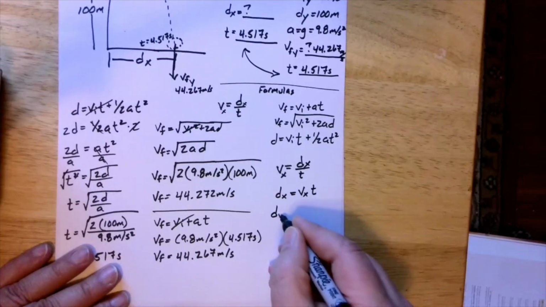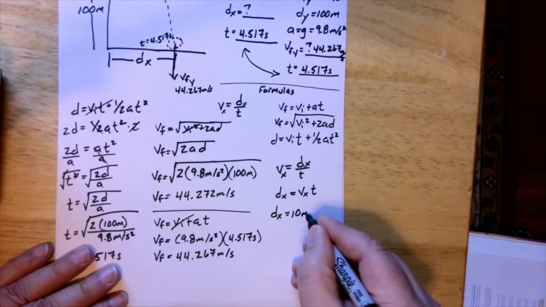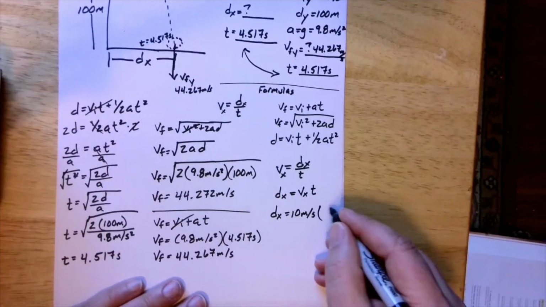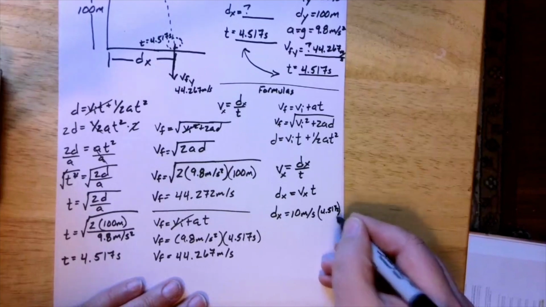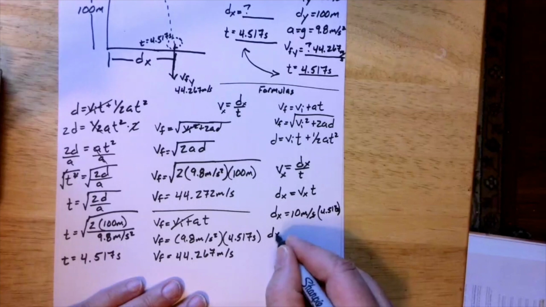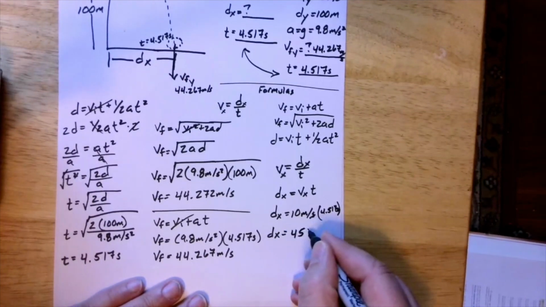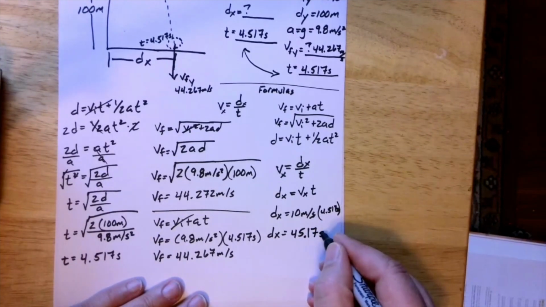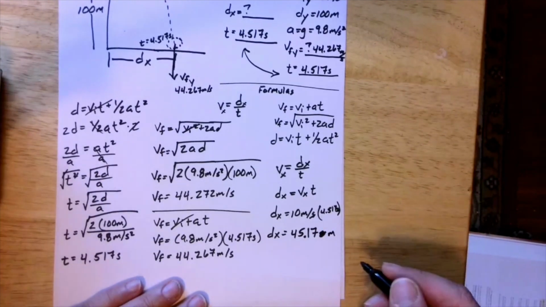So I'm going to plug in the values. The velocity in the x direction was 10 meters per second, and it's traveling, I'm not sure if I can squeeze it in here, 4.517 seconds. Okay, seconds will cancel out. We're not going to use a calculator on this one. And we end up getting a value of 45.17 meters.